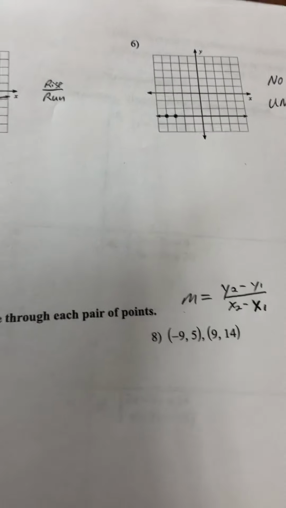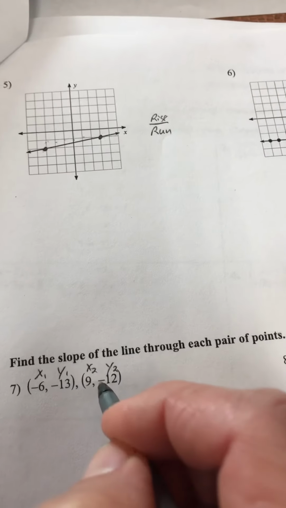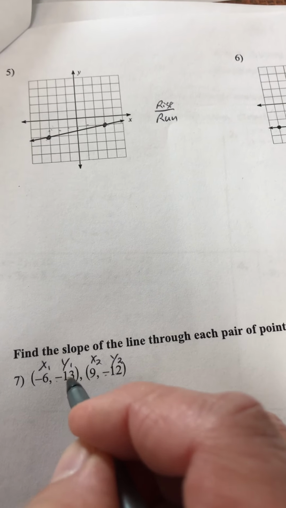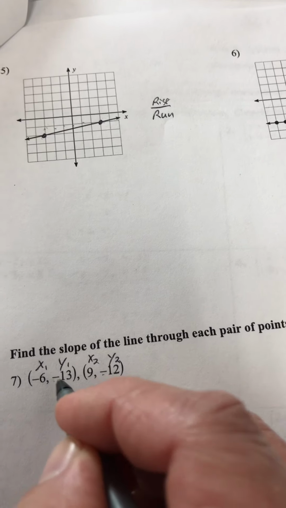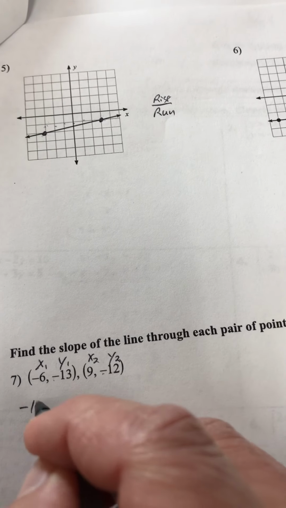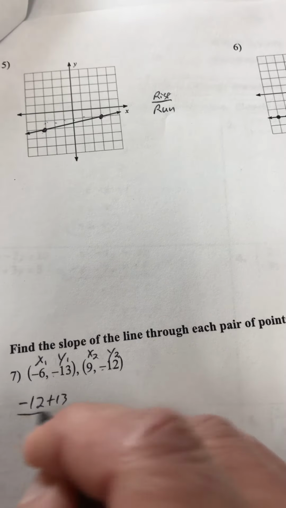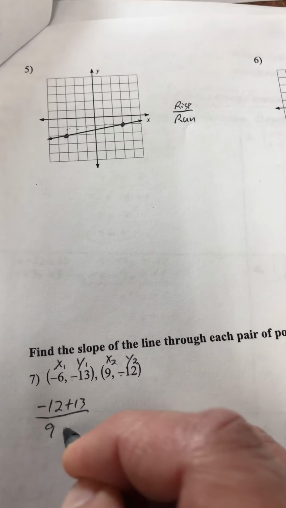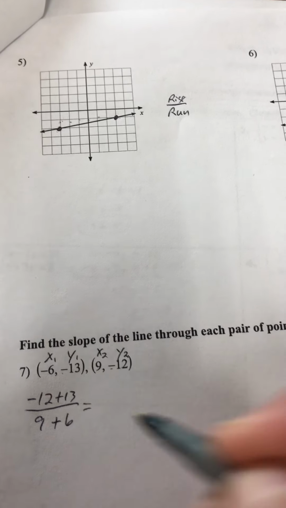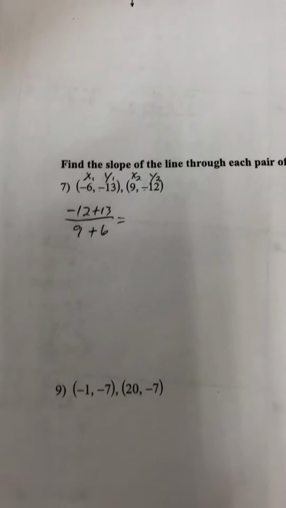So I'm going to have negative 12 minus a negative 13, which is going to be plus. Minus a negative is plus. So negative 12 plus 13 over 9 plus 6. Okay, that's to get you started.